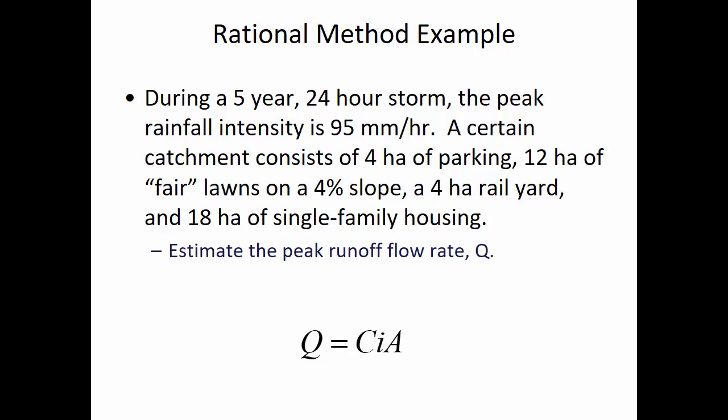Okay, so I'd like you to get some practice with this. Consider a 5-year, 24-hour storm. So we would go to an intensity, duration, frequency table, and we'd find that the intensity is 95 millimeters per hour. And a certain catchment is 4 hectares of parking, 12 hectares of fair lawns on a 4% slope, and a certain amount of it is rail yard, and 18 hectares of single-family home.